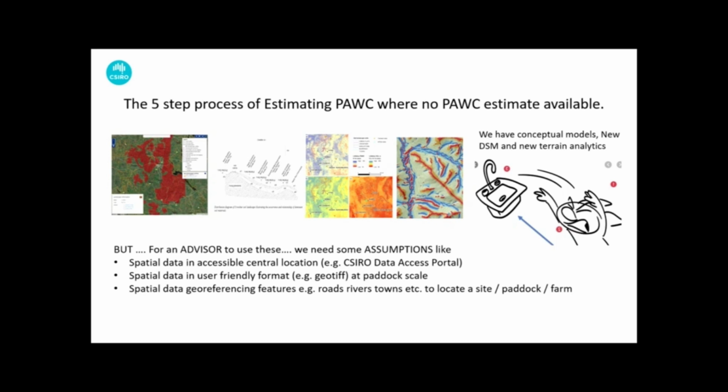We also developed a new terrain analytic that we've published, and we think it's going to be quite useful into the future. It certainly helps a grower make decisions about where they are in the landscape and where that position relates to a topo sequence diagram in a soil map unit description.